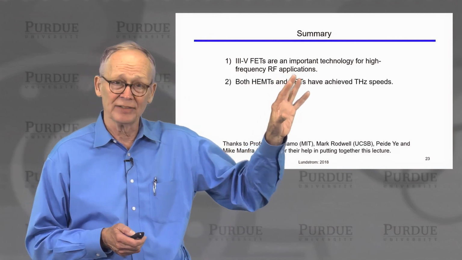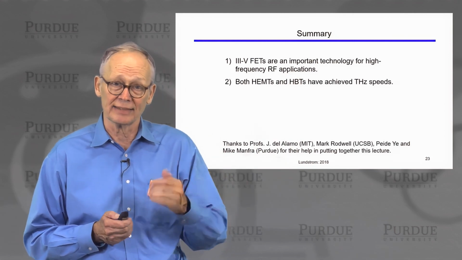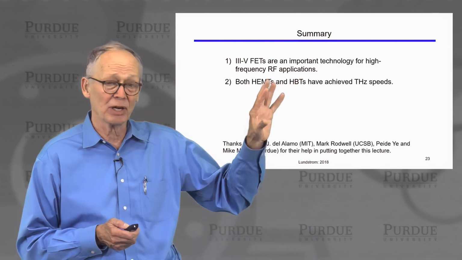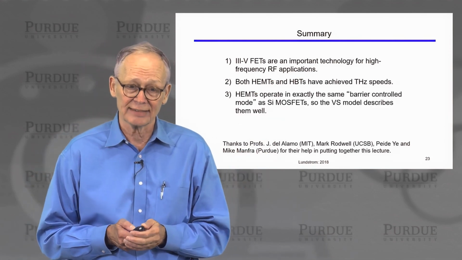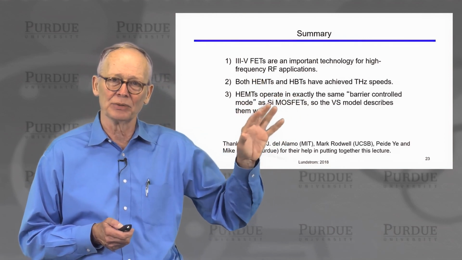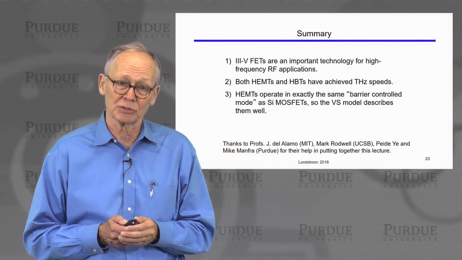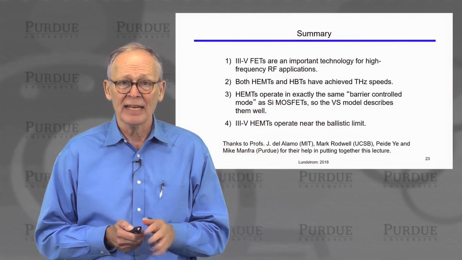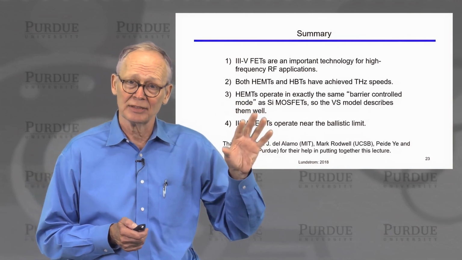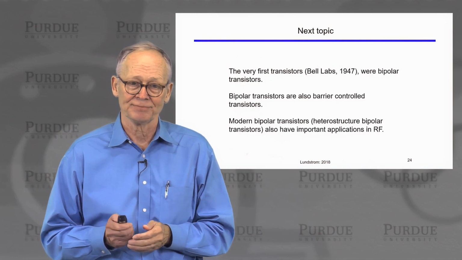This device and the heterostructure bipolar transistor that we will be discussing in the next two lectures have both achieved terahertz speeds, so they're remarkably high-frequency devices. They operate in exactly the same barrier-controlled mode that the silicon MOSFET operates in, so they're well described by our virtual source model. And you should also be aware of the fact that they operate very close to the ballistic limit, much, much closer than silicon MOSFETs do.